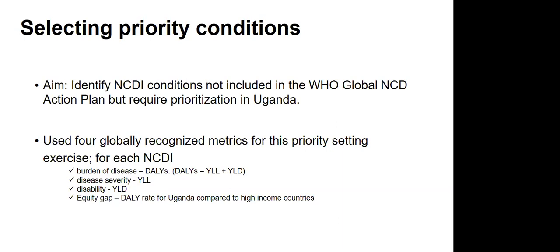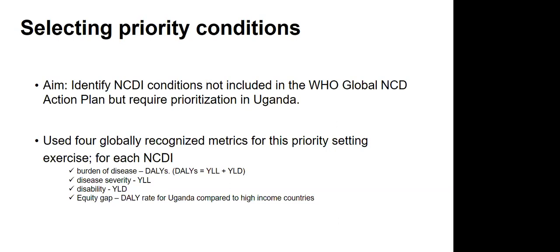So we wanted to be complementary and to make sure that it's aligned with what is already happening. But we know that from what is prioritized in the Global Action Plan, we needed to expand our agenda in our country.